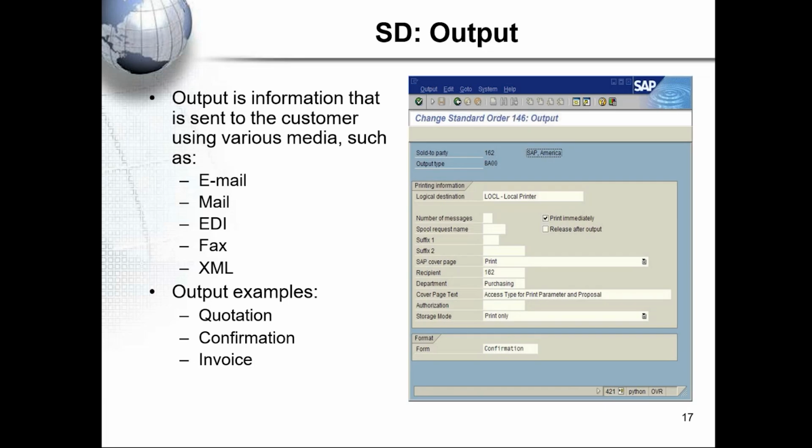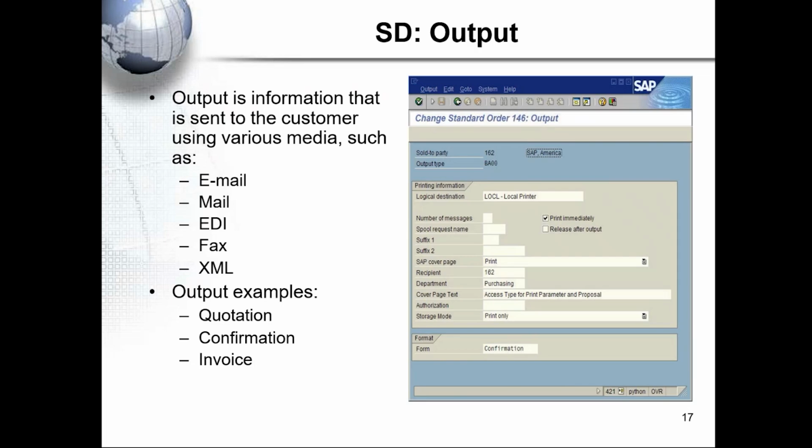And output master data. It is all about taking the output of information, such as a printout. For example, a customer asks for a quotation, or we are doing the order confirmation, or we are sending the invoice to the customer. We use different mediums of communication.